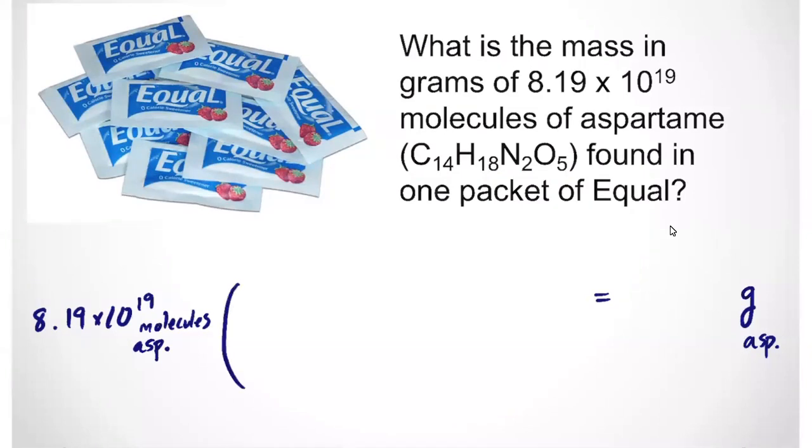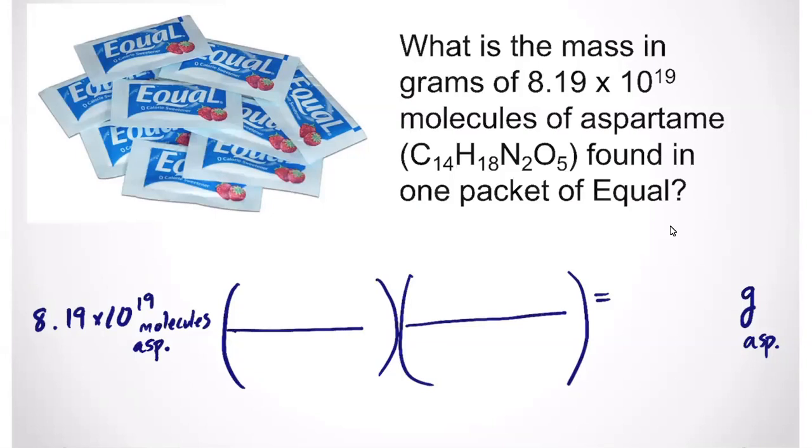All right, so we know it's going to be 2 steps. And in the end, I want grams. So for 1 mole of aspartame, remember, which is C14H18N2O5, you got to add that.